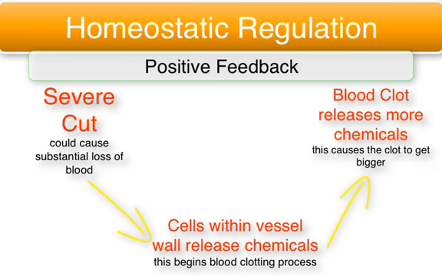As the clotting continues, each step of the clotting process causes more chemicals to be released, accelerating the process. This process continues to escalate until a blood clot is formed that is big enough to stop the bleeding. This is an example of positive feedback because the response of the body is to exaggerate and enhance the original response of releasing chemicals to continue the blood clotting.